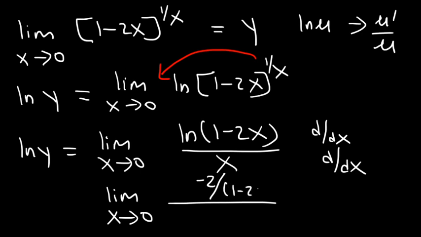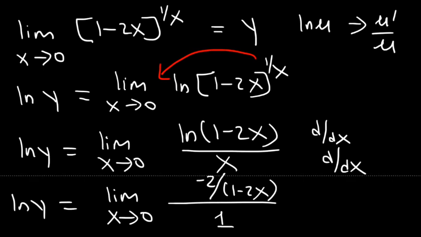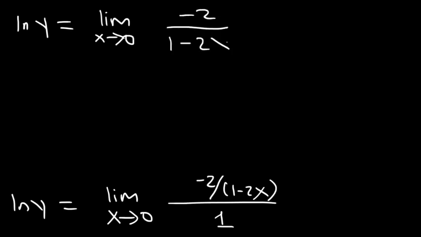Actually 1 by (1 minus 2x) will be written and the derivative inside will be minus 2, and the derivative of x is 1. So I will get log y equal to limit x tends to 0 of minus 2 divided by 1 minus 2x.